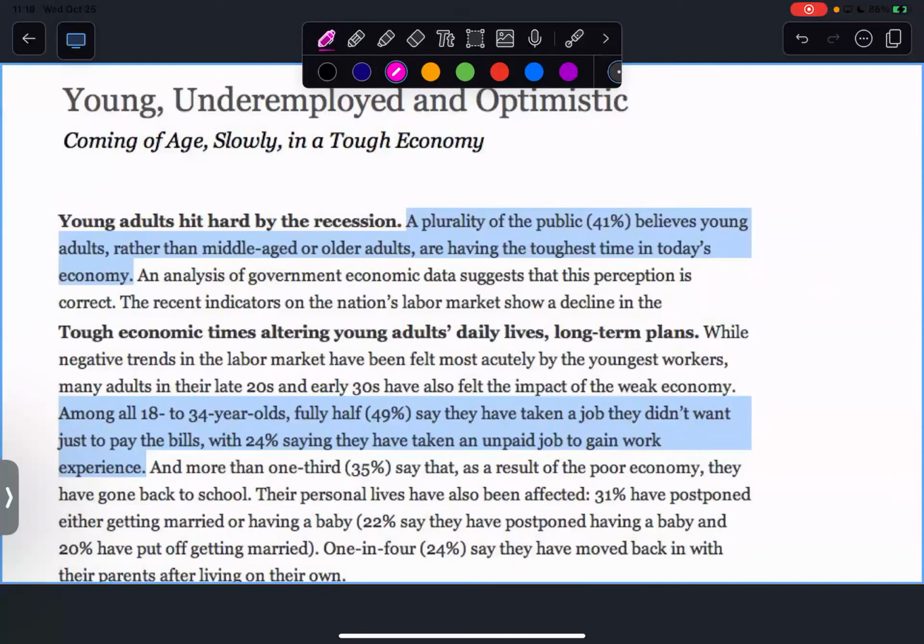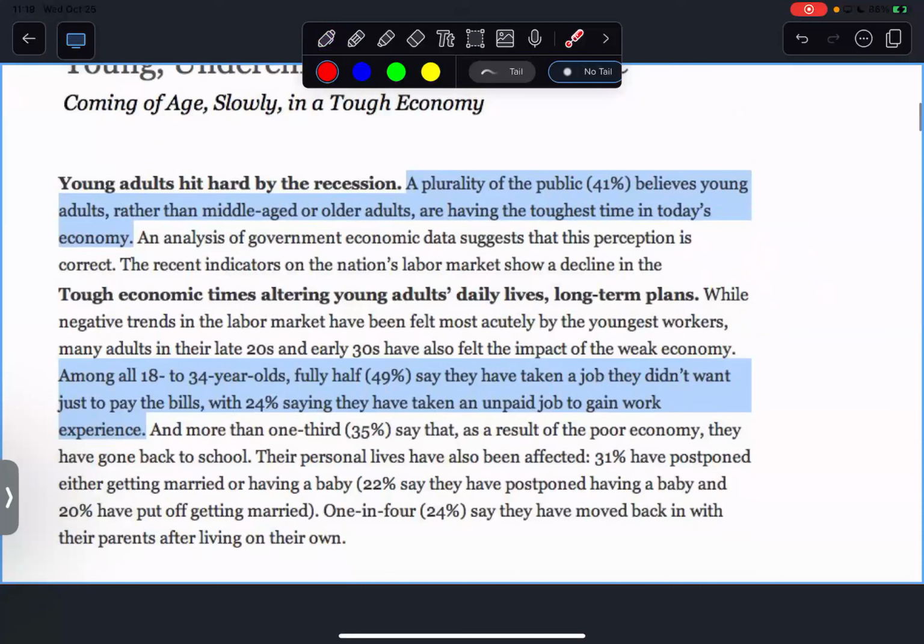Okay, so I'm just going to read the highlighted parts. You're welcome to read the rest if you want to, but so many words. So a plurality of the public, 41%, believes young adults rather than middle-aged or older adults are having the toughest time in today's economy. And so it goes on to talk about that, of course.